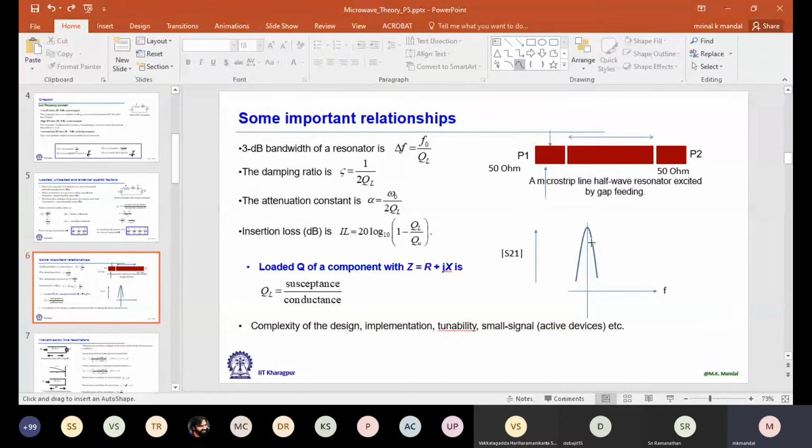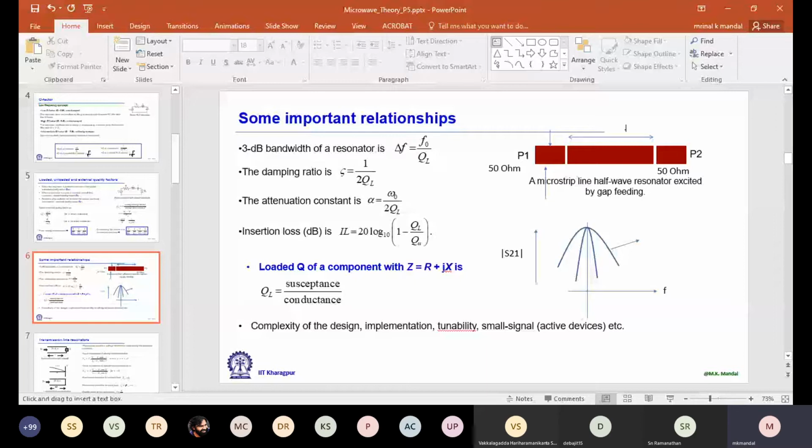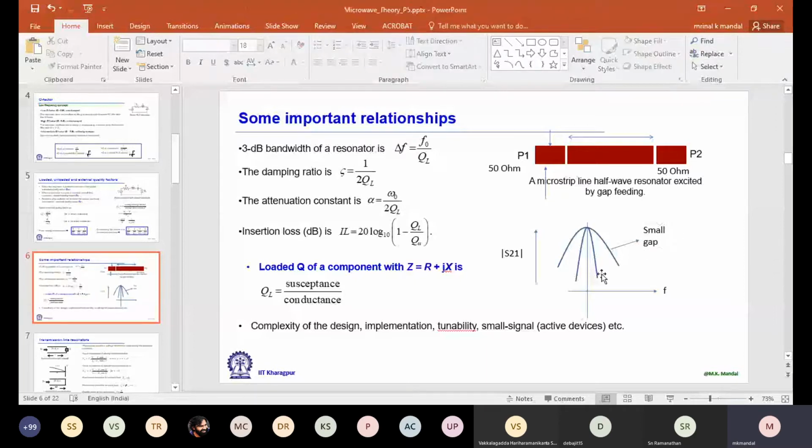More energy is transferred to source or load. Now in the second case, for decreasing gap, if I plot the same thing, the response looks like this. This one is for small gap. And what we see is that the overall loaded quality factor will decrease.